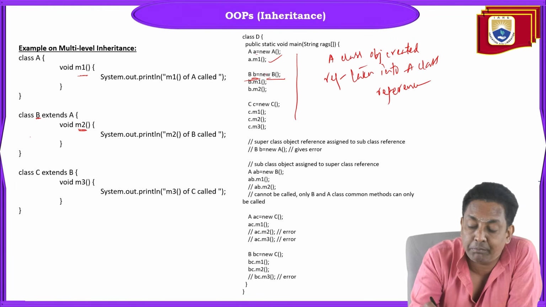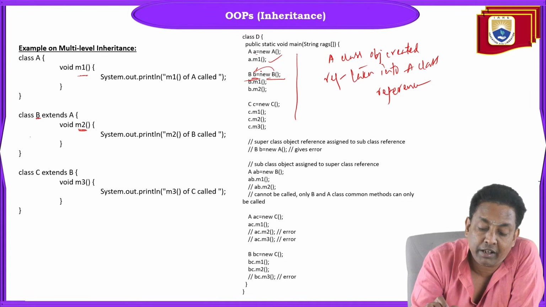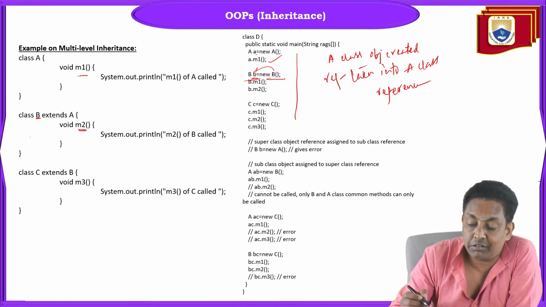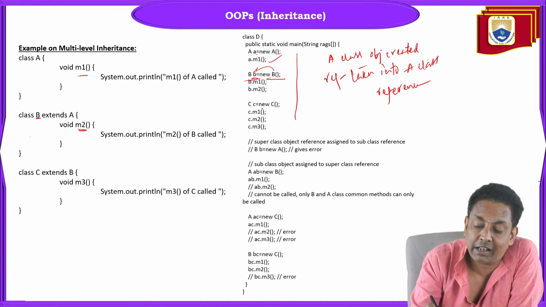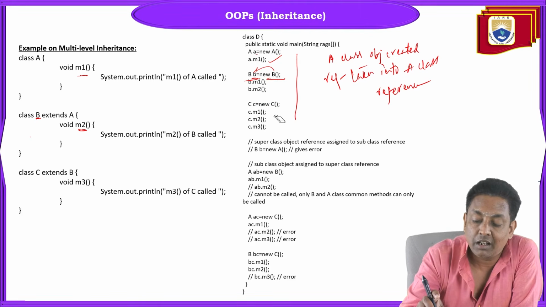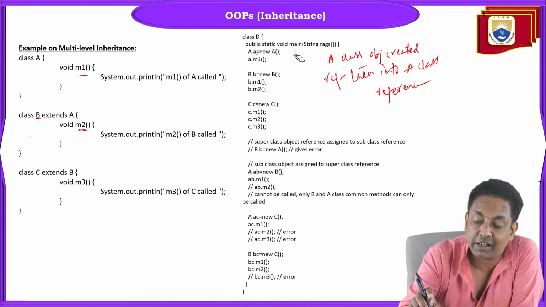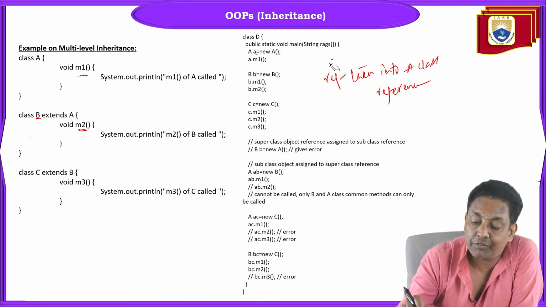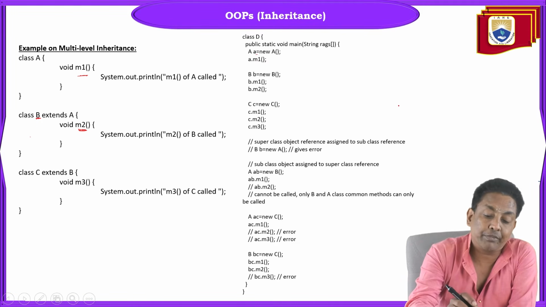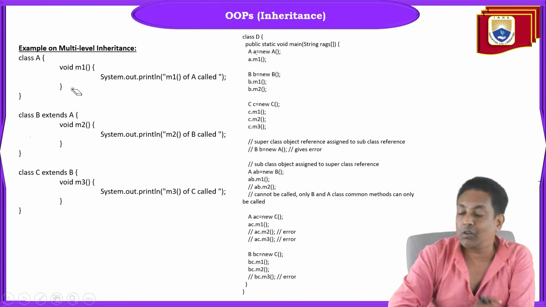Next, in this statement, a C class object is created and its reference is taken into the same C class reference. All M1, M2, M3 methods can be called. So there is no surprise in these statements, because if you create an A class object only the M1 method can be accessed. If a B class object is created, M1 and M2 both can be accessed. And if a C class object is created, as per this diagram, M1, M2 and M3 methods can all be called.